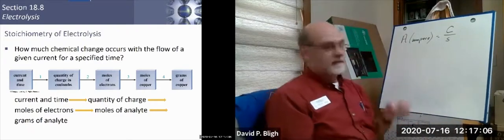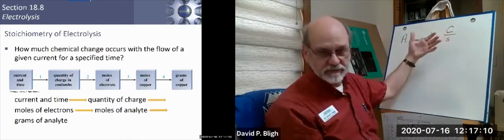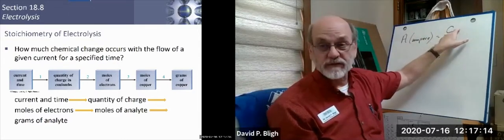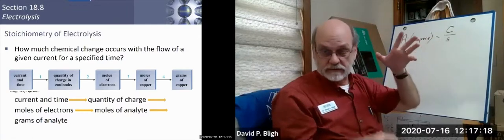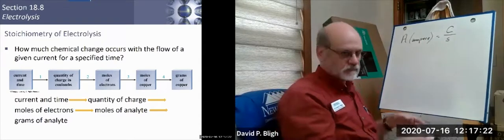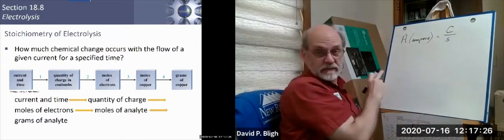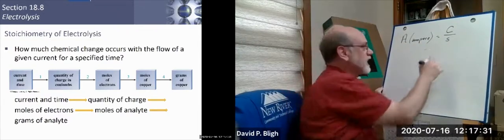Okay. So coulombs is a charge, seconds is a time unit. But remember, coulombs is not easily converted into moles. Right? We need a conversion factor. So if you know the current that's being delivered and how long it's delivered, you can calculate a charge.